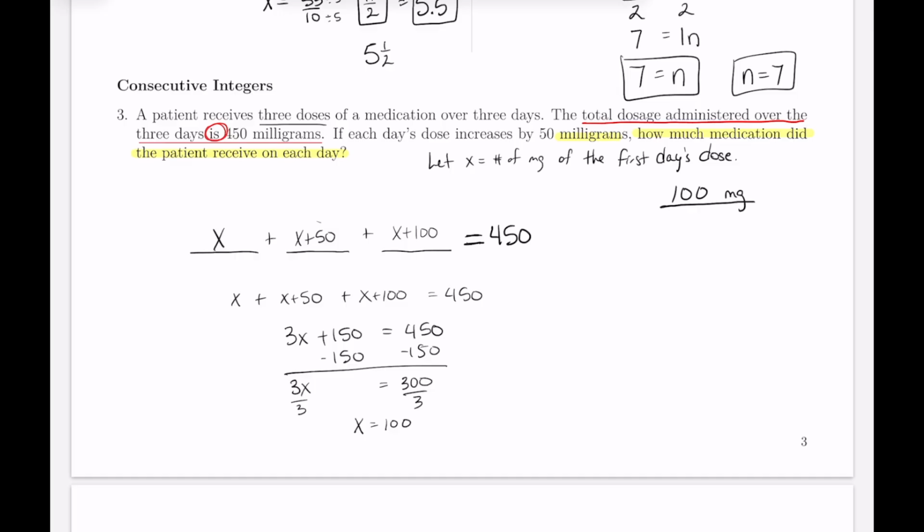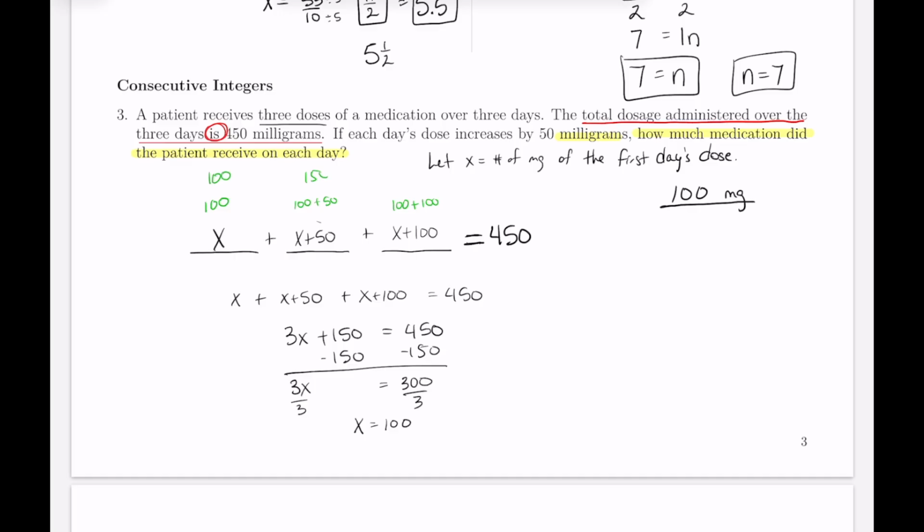Now, if you go back and we plug this in, let's make sure this makes sense. If I actually put 100 in here, and then if I put 100 in here, this is 100 plus 50. And then this one would be 100 plus 100. Because I know some of you were a little confused about why we went x plus 50, x plus 100. Let's make sure it makes sense on the back end. This is 100.